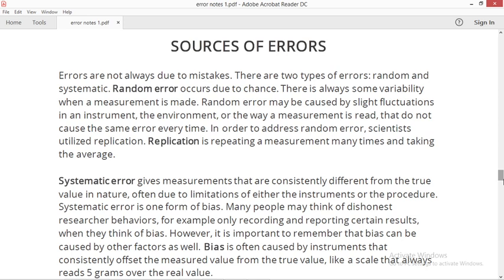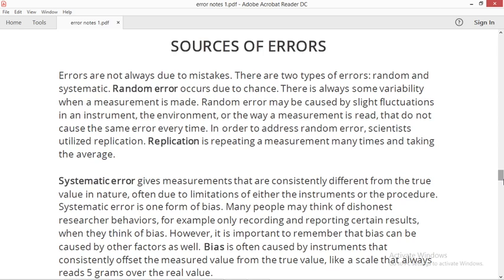Random error may be caused by slight fluctuation in an instrument, the environment, or the way a measurement is read, that do not cause the same error every time. In order to address random error, scientists utilize replication. Replication is repeating a measurement many times and then taking the average.